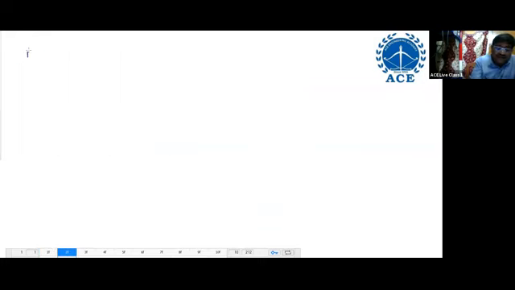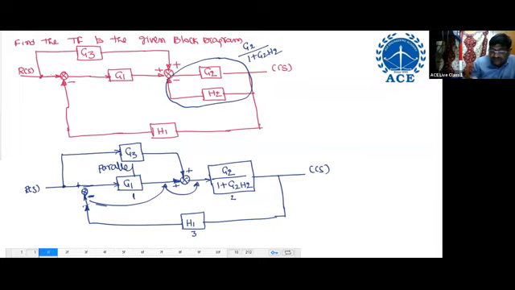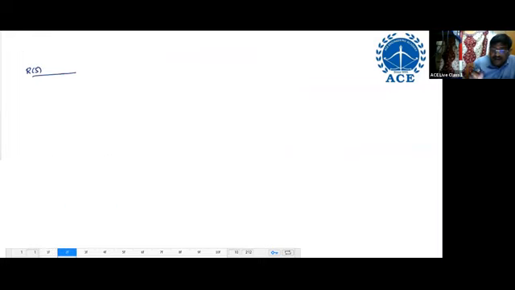R of S. Next G1, G3 parallel. G1, G3, both are parallel. Now we shifted the summing point here.